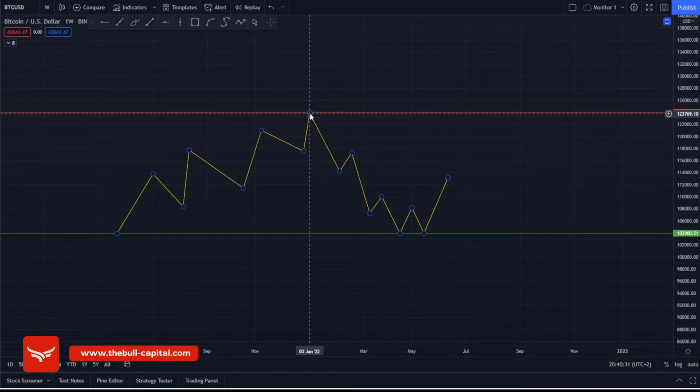No one wants to buy there, everyone wants to sell there. So in this scenario, supply, I mean sellers, will overcome demand, I mean buyers, and that will prohibit price from going above resistance.